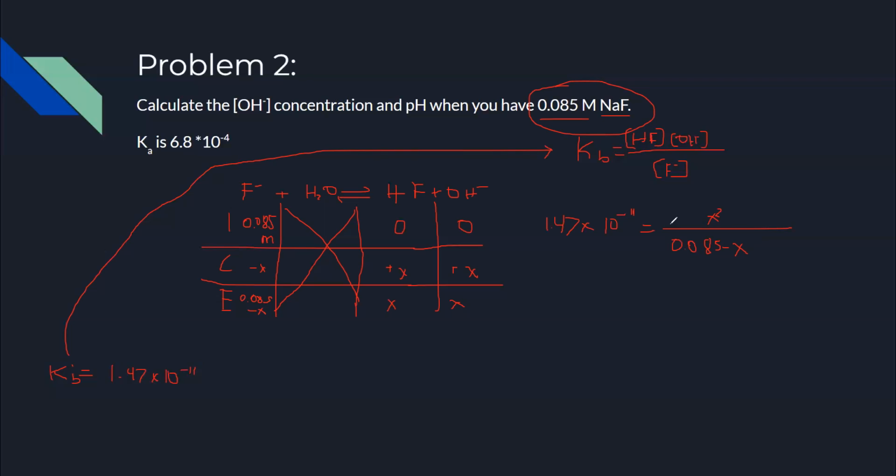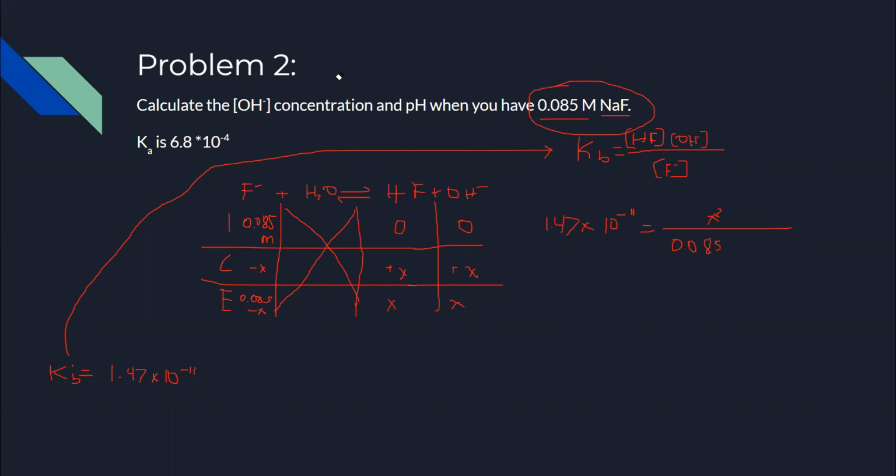For percent ionization, you can determine without a quantitative analysis by seeing if the Kb is very low, and it is, because it's to the negative 11th, so it's very small. So you can just take out the x, you don't have to use the x, so it'll just be 0.085.